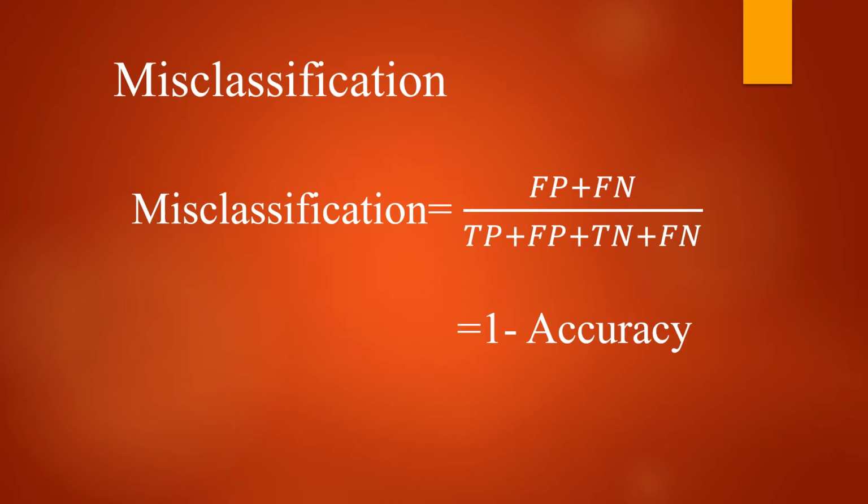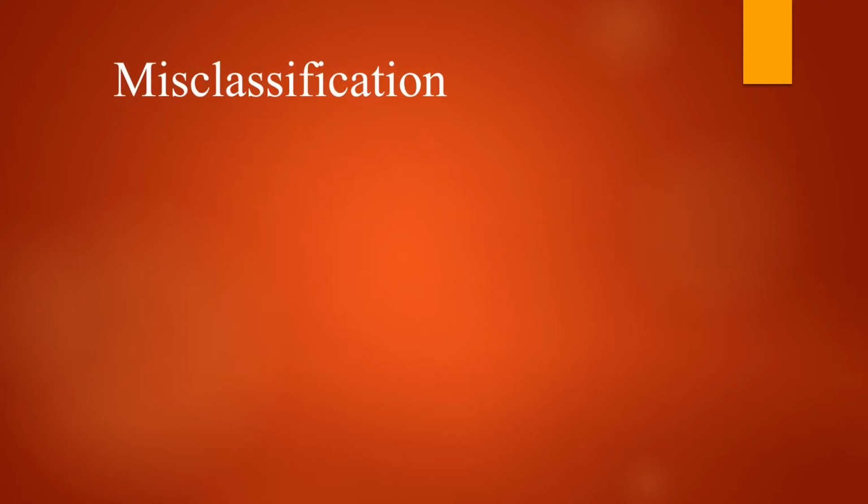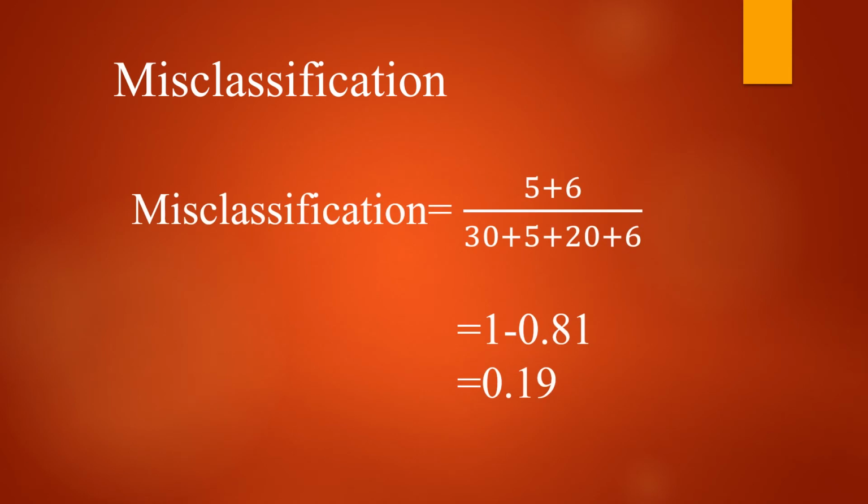Now let's apply this formula onto our confusion matrix. What do we get? Misclassification is equals to 5 plus 6 upon 30 plus 5 plus 20 plus 6, which is nothing but 1 minus 0.81, that is 0.19. That is 19% of the time our model misclassifies the data. That is 19% of the time the actual values and the predicted values are not going to be the same.